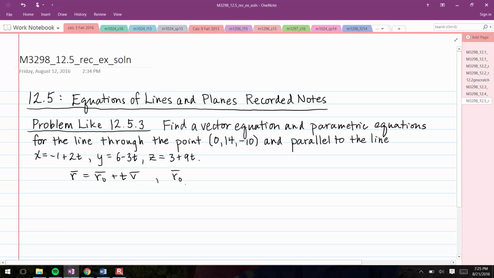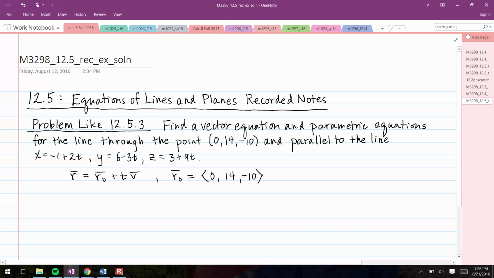Now, vector r sub naught is not just the point, but it is the vector from the origin to a point on the line. So we can basically take any point on that line and represent it as a vector, and that becomes r sub naught. So that was pretty easy.